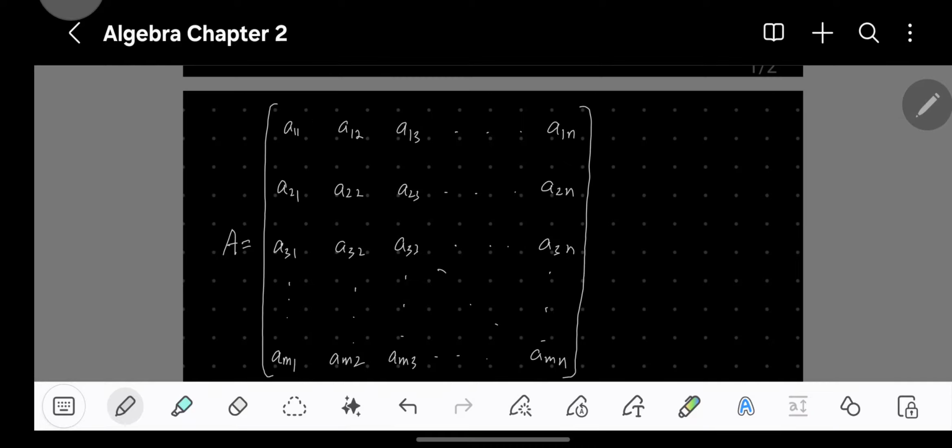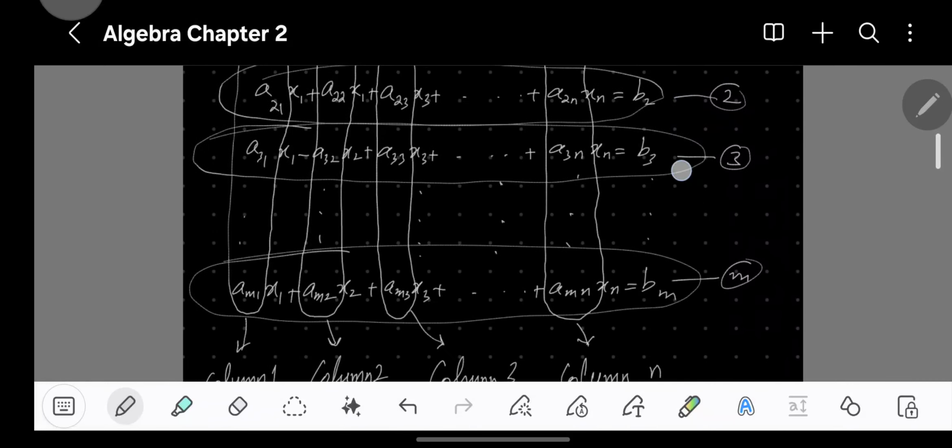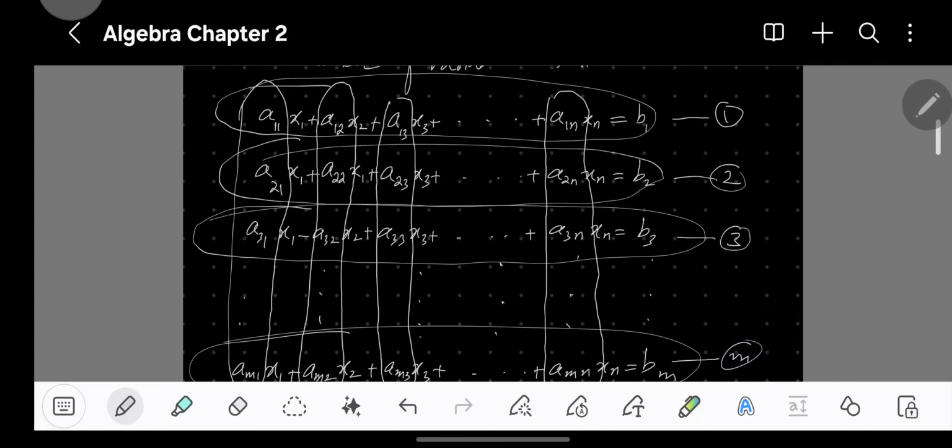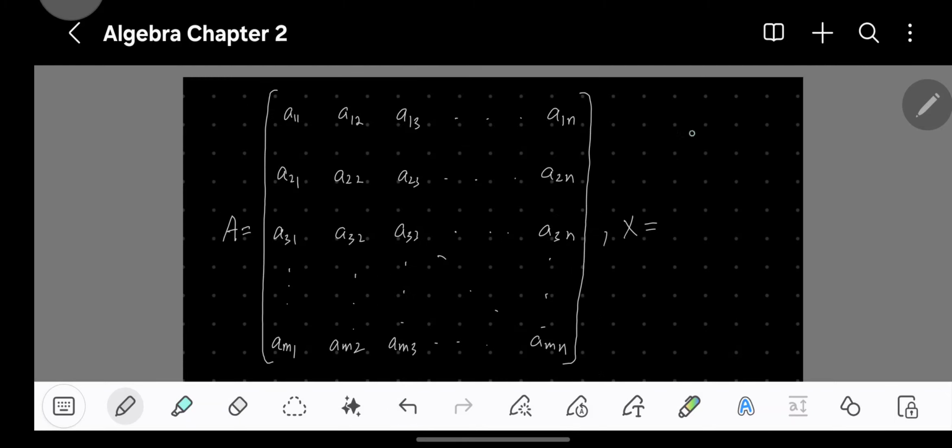Then I will write the variable matrix. Since there are only n variables, which are x1, x2, x3, xn everywhere, so I will write n variables: x1, x2, x3 and xn.